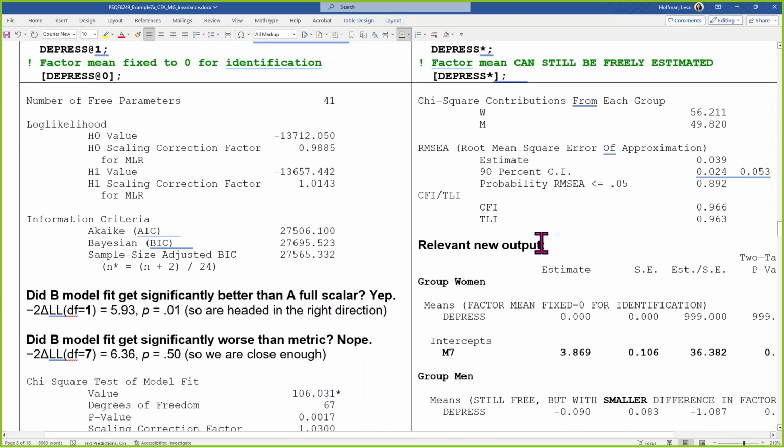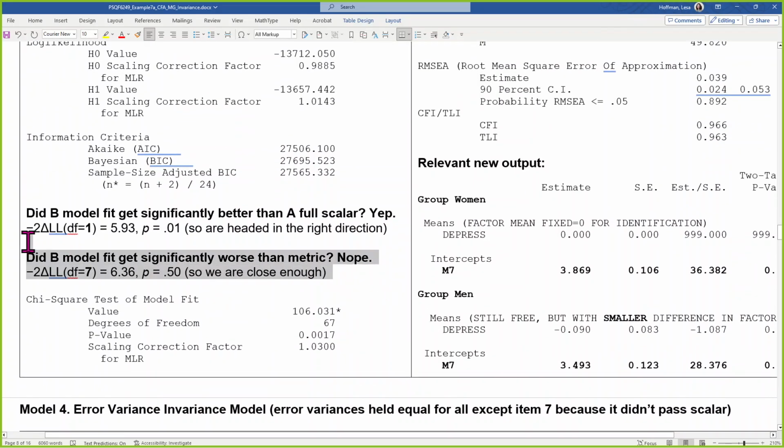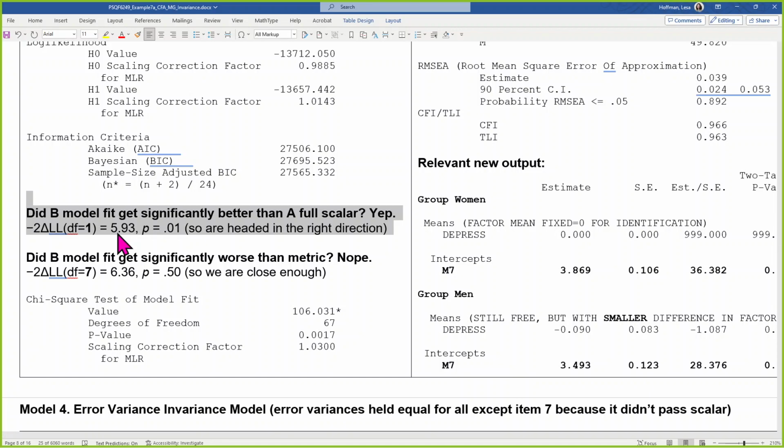So at this stage, there are 2 different types of significance tests that would be relevant to compute. One tells us, are we headed in the right direction? Does the model actually improve after we release the constraint of invariance on item 7's intercept? And that answer is yes. Comparing the previous model where all the intercepts were constrained to this one where we let one go, the difference in the chi-square is about 6, which is significant at alpha of 0.01.